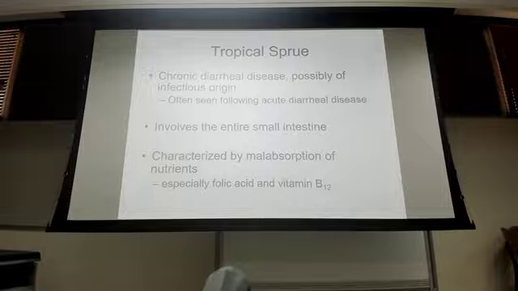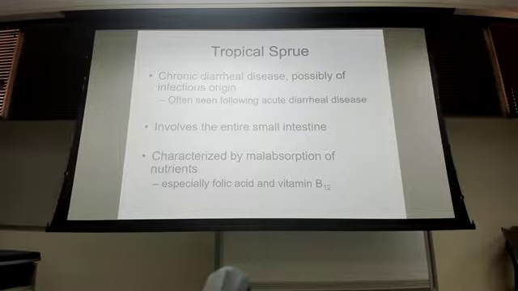Key feature here, because before now it sounded a lot like celiac. Key feature is because you're now affecting the entire small intestine, you're going to have not just iron deficiency anemia, but you're going to have megaloblastic anemia with folate and B12 deficiency.